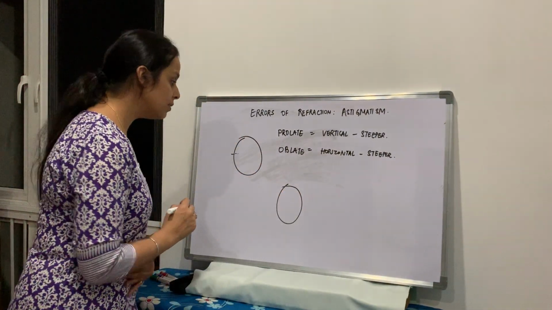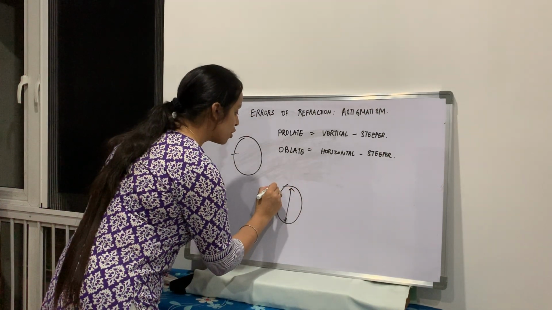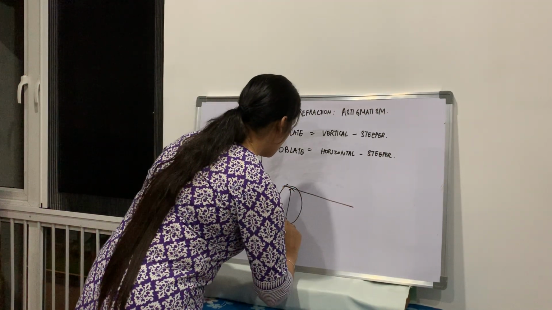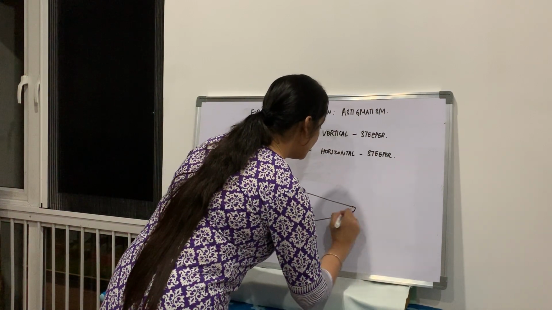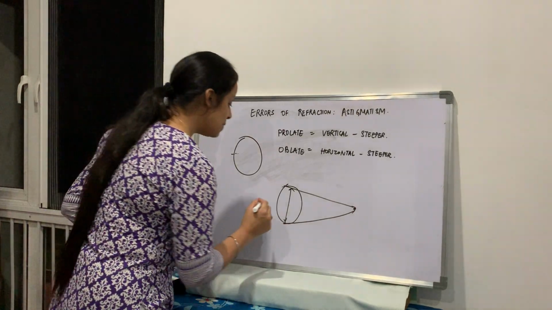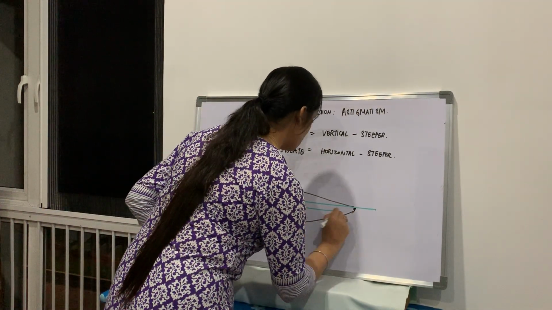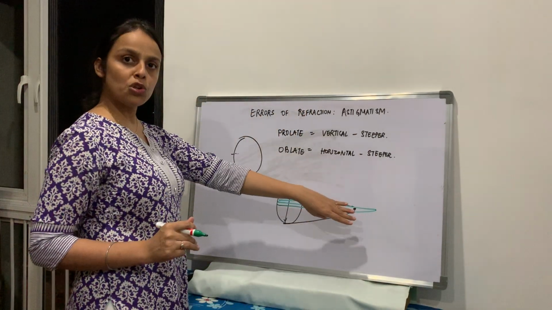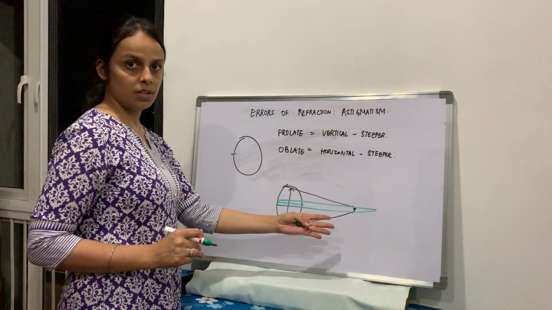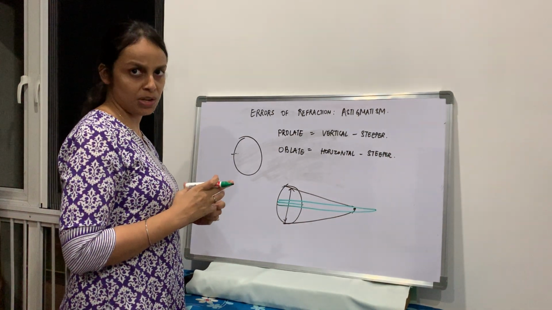Suppose this is my cornea, this meridian is steeper, so because of refraction, this meridian will have a focus maybe somewhere here and this meridian will have a focus maybe here. So the image altogether is going to be a little blurred. It's not going to form a sharp image the way it does in case of an emmetrope.